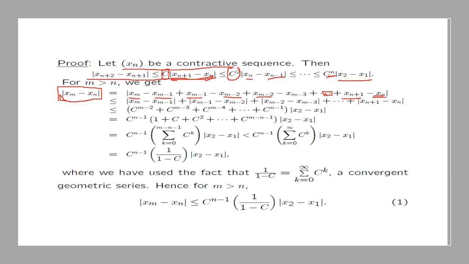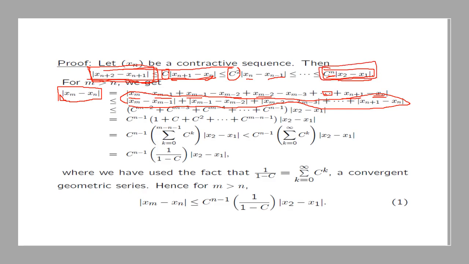Now you use the triangle inequality to get that this is less or equal to this expression here. Here we're simply applying the triangle inequality, and then you use the fact that the distance between xn plus 2 and xn plus 1 is less or equal to c to the power n times the distance between x2 and x1.